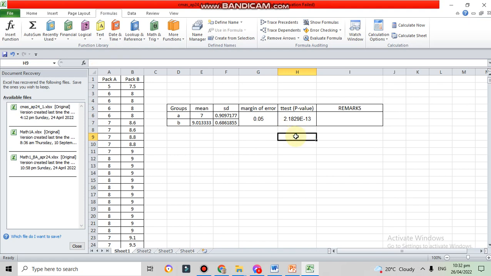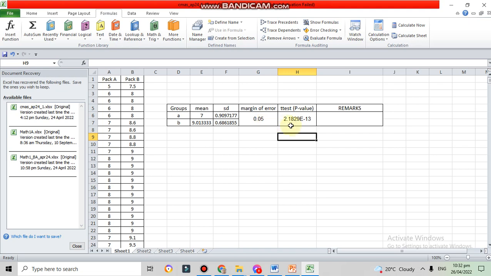Okay, so this number is very small compared to 0.05. That means your null hypothesis must be rejected, and that also means that your claim, the alternative hypothesis, has strong evidence.